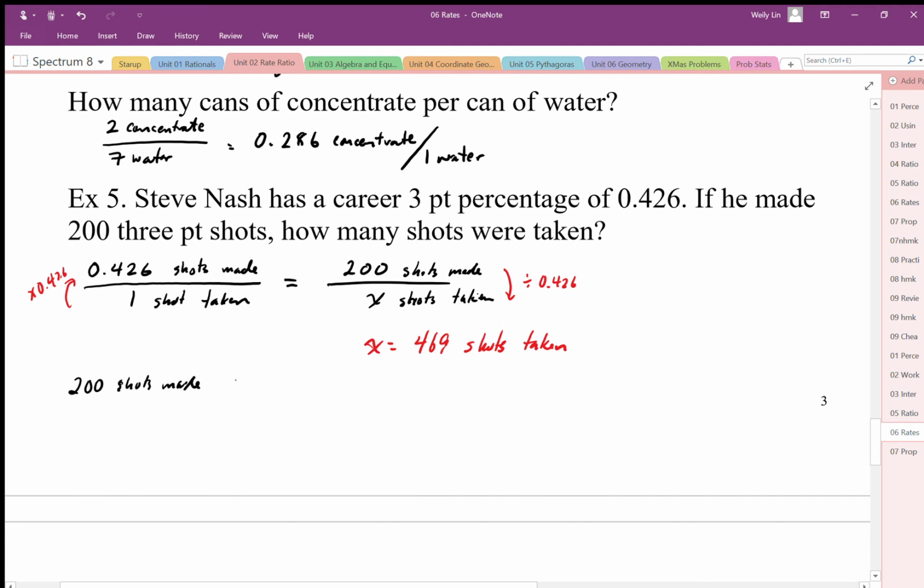Our ratio is shots made to shots taken. Well, really I want to get rid of the shots made. So what I'm going to do is take that ratio, and for every 1 shot taken, I have 0.426 shots made.